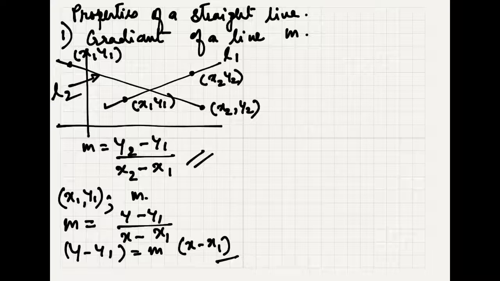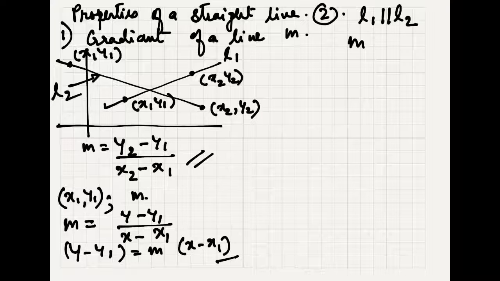Now the second property is parallel lines. A straight line L1 can be parallel to L2 only when the gradient is the same for those two lines, that is m1 equals m2.